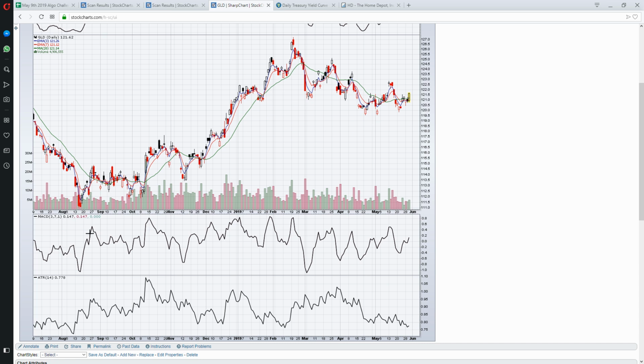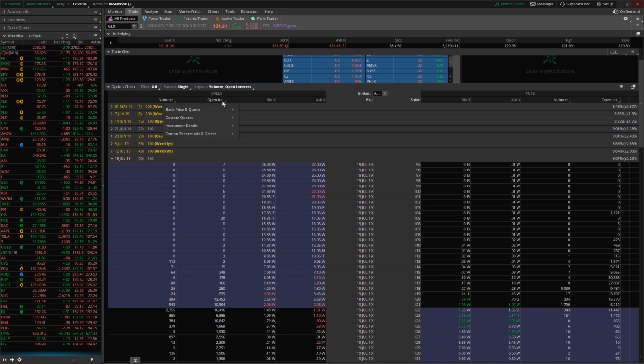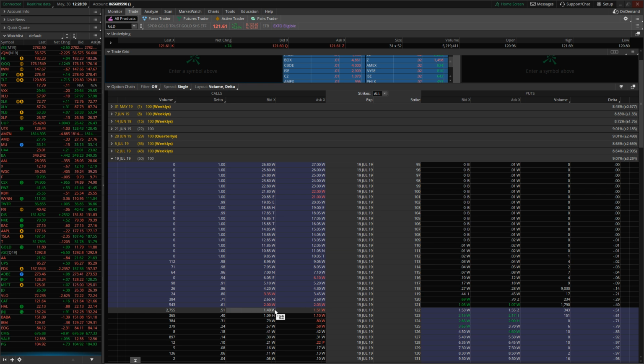You can see the ATR on it. It's only 77 cents. It is really a tight ATR here for the GLD, and it's just not a big ATR. So if you look at the options, right? And we come in here and put the delta on this. Let's just say, okay, a dollar is going to be about a 30% loss here on the option, which is about what we want to see, about a 30% loss if it goes against us.